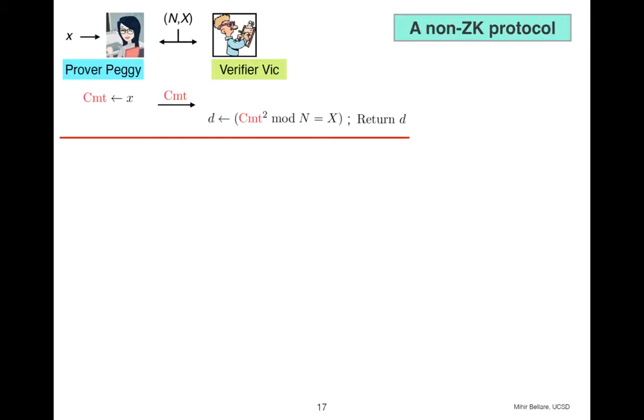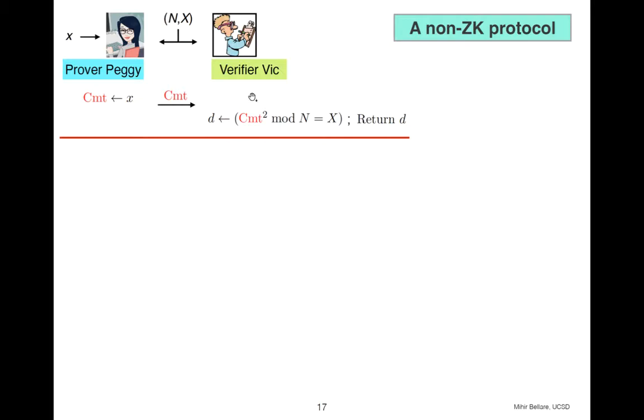What we now have to think about is how we are going to make this happen so that we have all three of those conditions. So let's start with something naive. Remember, Peggy has little x whose square is big X. What she's going to do is simply send that over to Vic. I will write it as this to change the name of it, but she sends him the x value.